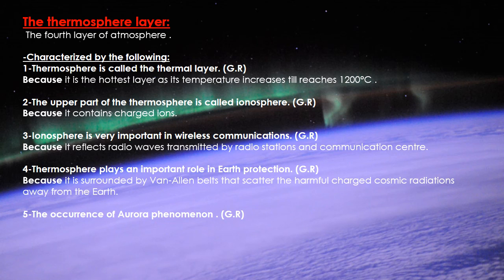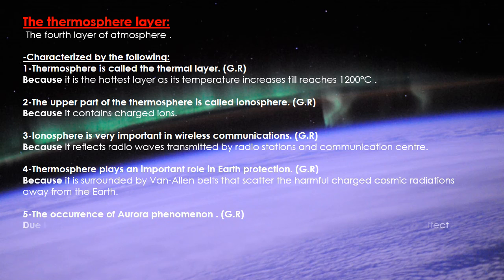The thermosphere plays an important role in Earth's protection because it is surrounded by the Van Allen belts that scatter, or return, the harmful charged cosmic radiation away from Earth.